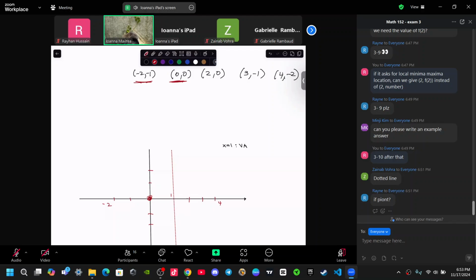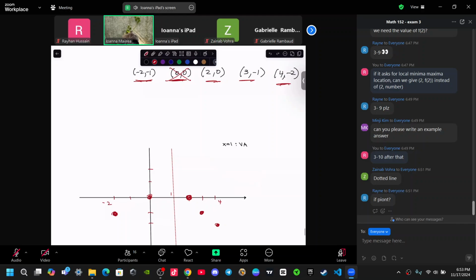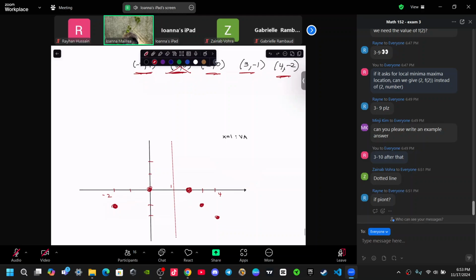Here's -2, -1, a point. 2, 0, here's a point. 3, -1, here's another point. And 4, -2, here's another point. Oh, I bet you it goes like that, doesn't it? Okay, I see what it is.